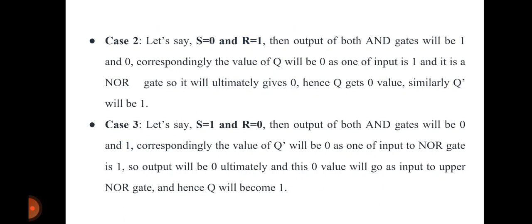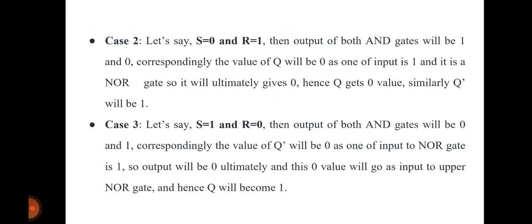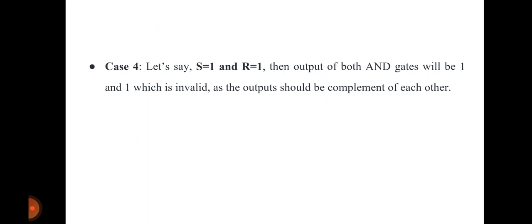So the output will be 0 ultimately, and this 0 value will go to the input of the upper NOR gate. With Q bar at 0, and the output of the AND gate given to the first NOR gate, the output will become 1. It is the third case.